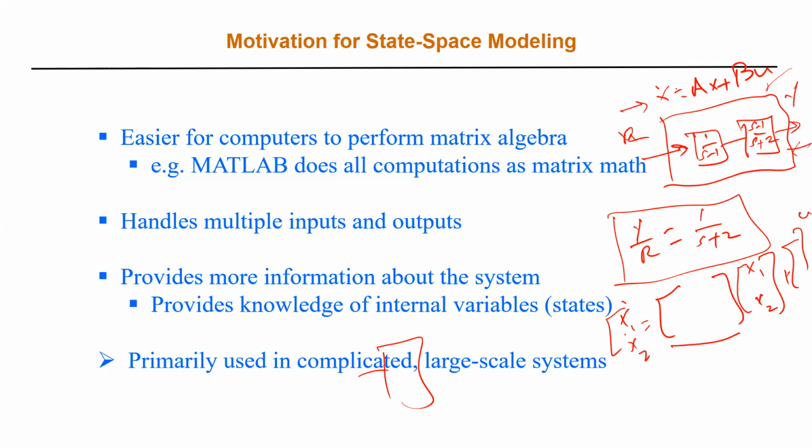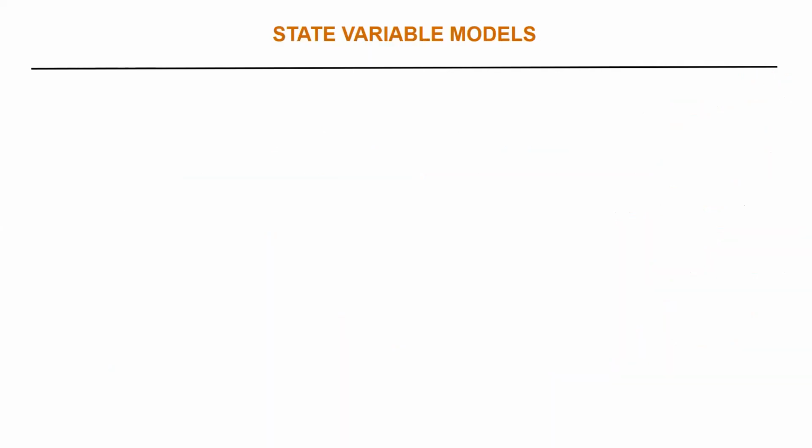Now let's come to the definition of state space. It will answer your concern. State variable model. We call this model, similar to what we have called transfer function, the ratio between input and output. Now we introduce state variable.